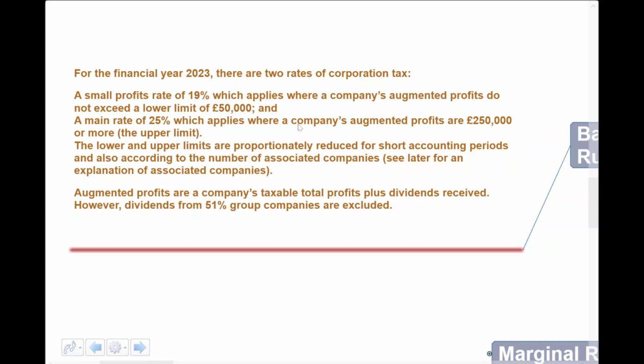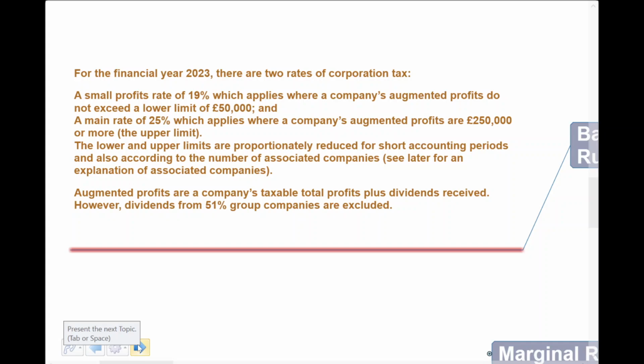Let's say 6 months, then you're talking about 25,000 and 125,000. Okay, so they can be adjusted, but at the end of the day, to establish the rate I use augmented profits, not taxable total profits.